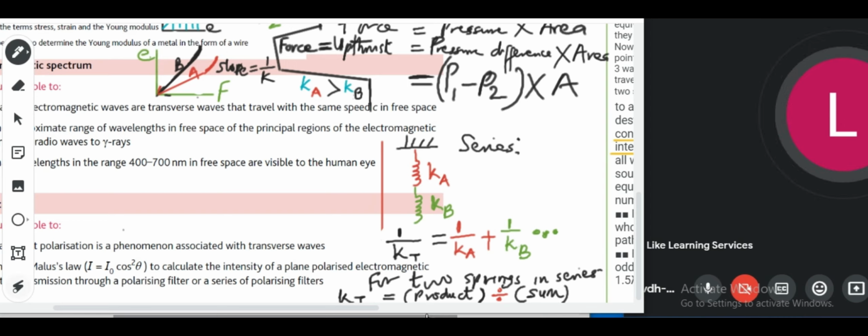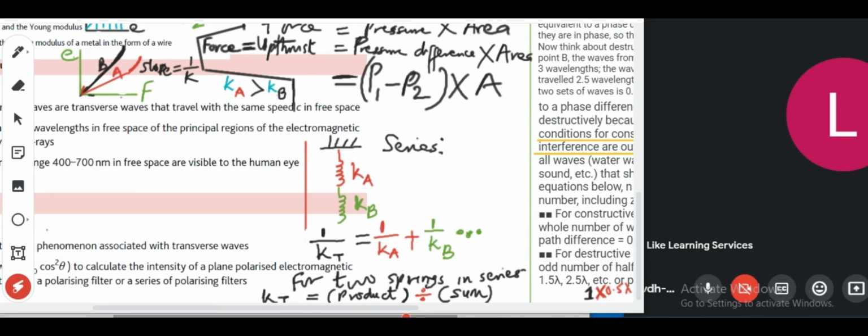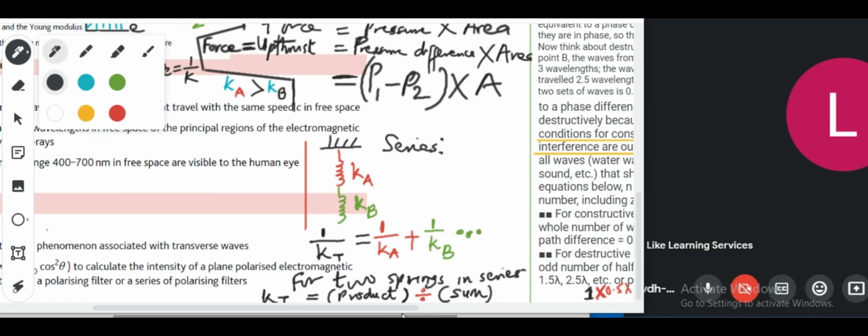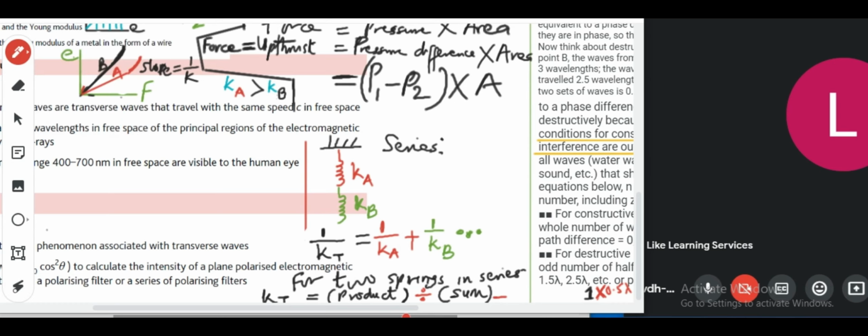In other words, the product of the spring constants divided by the sum of them, which in this case will be Ka times Kb over Ka plus Kb. Let me write it out in full.